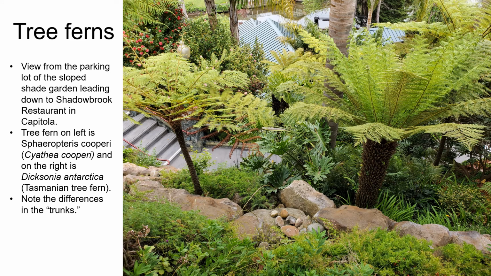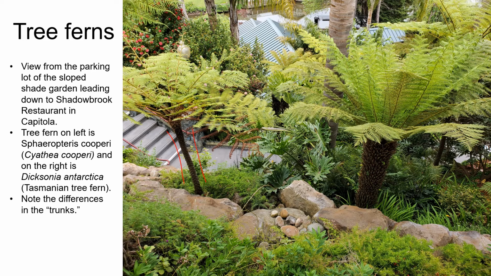The photo here is of two tree ferns in the garden of Shadowbrook Restaurant in Capitola. Look at the differences in the size and shape of the trunks and the density of the fronds in the crowns of these ferns. The fern on the left, with the much more slender trunk and less dense crown, is the Australian tree fern.